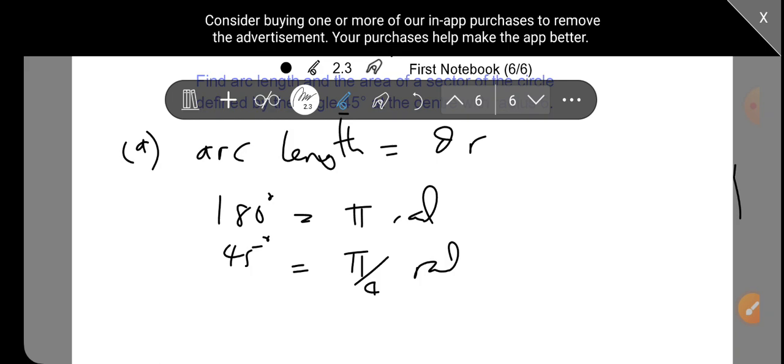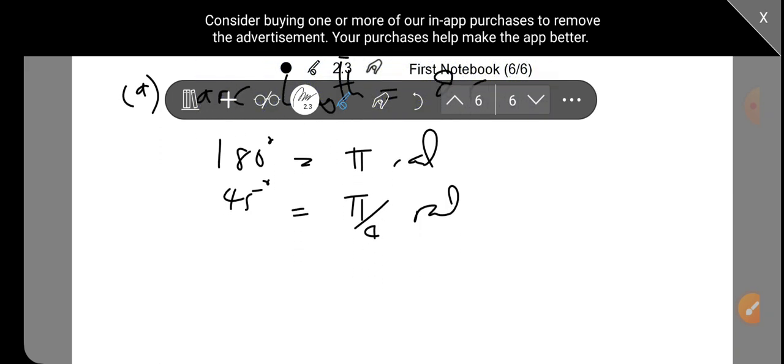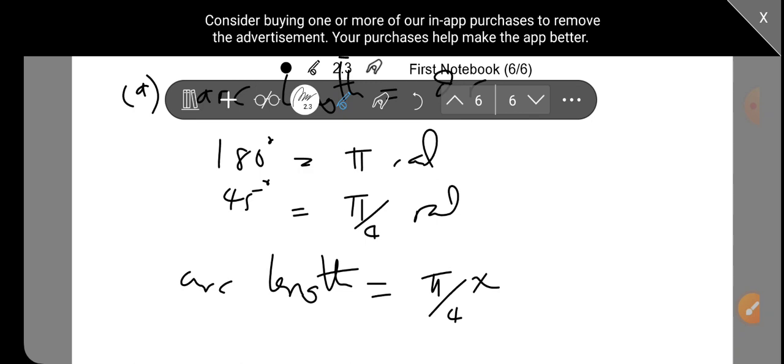So the arc length will now be equal to pi by 4 radians times 6 for the radius, because they haven't indicated the measurement. If they had indicated meters, we would have put 6 meters, but it's just 6. So 6 times that becomes 6 pi by 4, which is equal to 3 pi by 2 units.